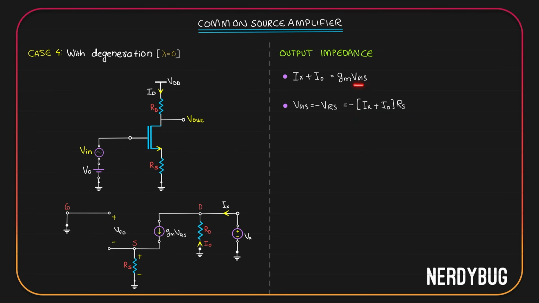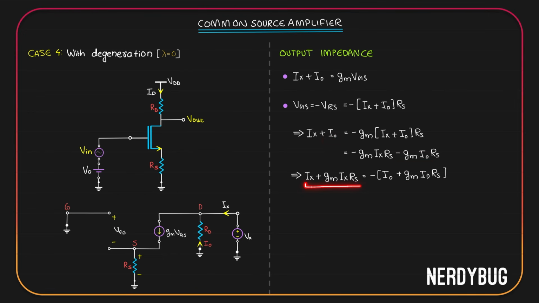Over here in this equation we have VGS. Let us replace it with negative of Ix plus I0 multiplied by Rs because that is equal to VGS. Then we get this equation. Ix plus I0 is minus Gm multiplied by Ix plus I0 multiplied by Rs. Let's open the bracket. That gives us this. Let's take Ix and minus Gm Ix Rs on one side of the equation, I0 and minus Gm I0 Rs on the other side of the equation.